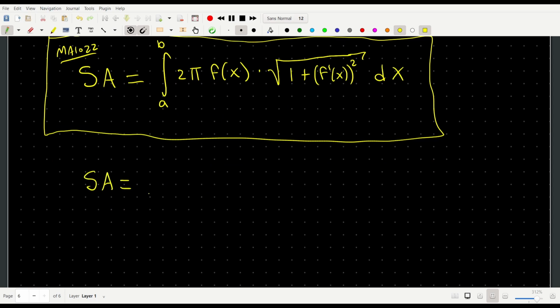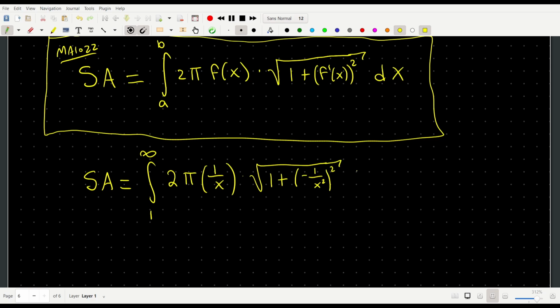to compute the surface area of Gabriel's Horn. So it's the integral from 1 to infinity of 2 times pi times 1 over x times the square root of 1 plus the derivative of f, which is the derivative of 1 over x, which is negative 1 over x squared, squared.